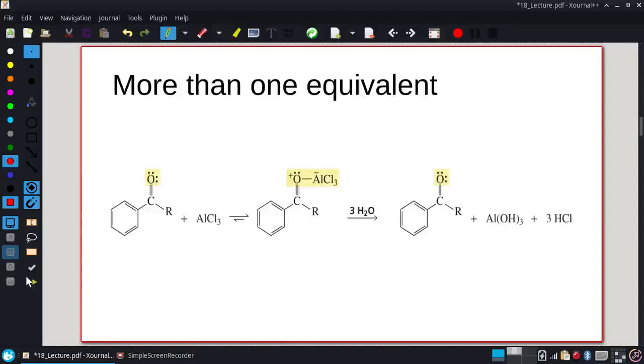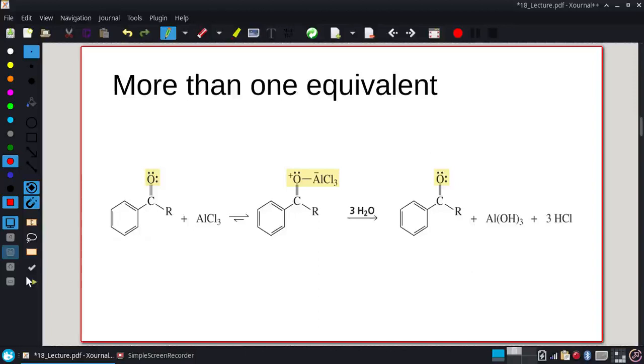Now, if you try to do this twice, we have a dilemma: the aluminum chloride that was created in that second step will form a complex on the oxygen, and this actually forces that positive charge up here, moves it from the carbon to the oxygen itself, and anything else that tries to attack is going to get a dilemma.